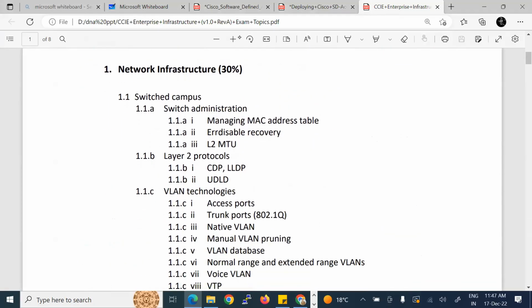The first section is dedicated to network infrastructure, which includes layer 2 and layer 3 technologies.